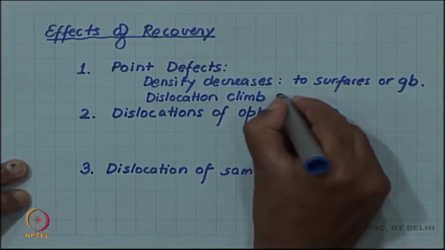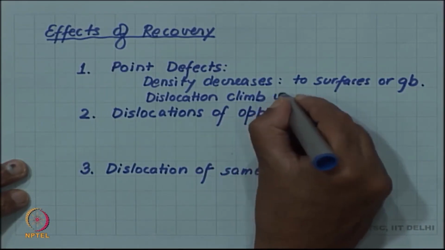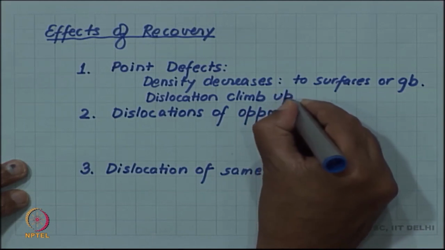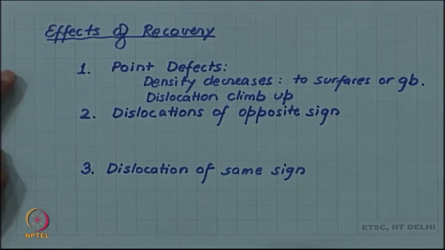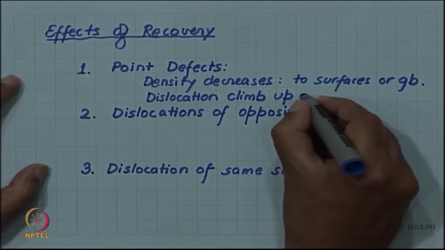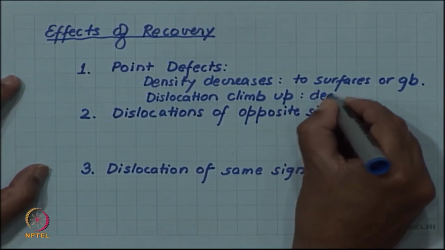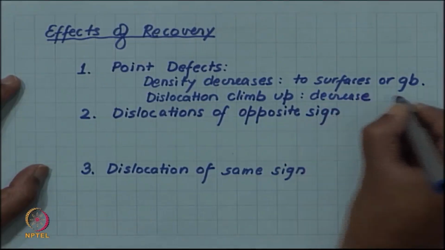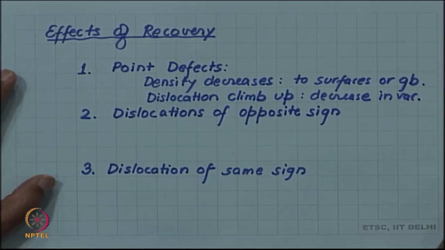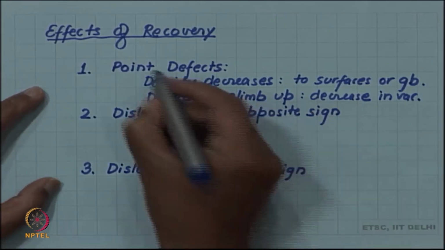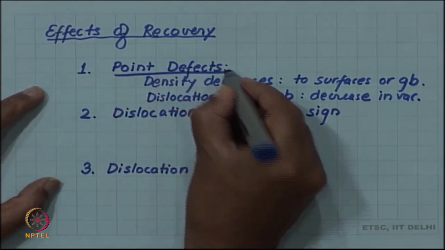So, if dislocation climbs up, the point defect density, the vacancy, will come down. This we have studied before. So, that is the effect on point defects.